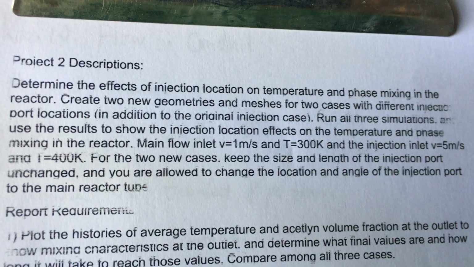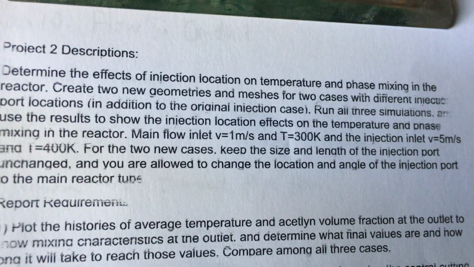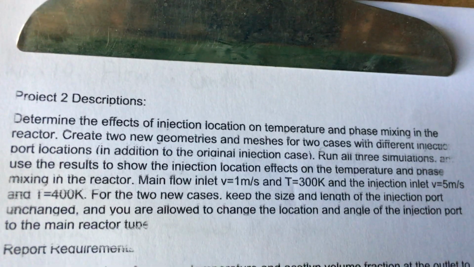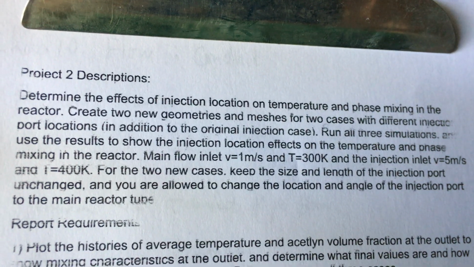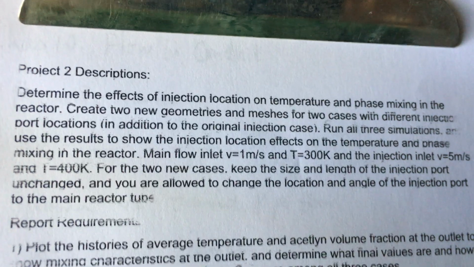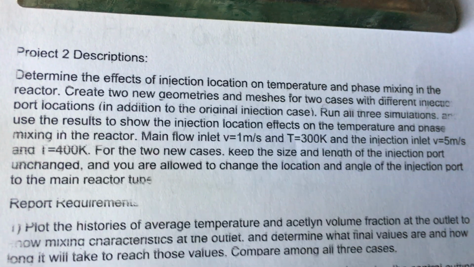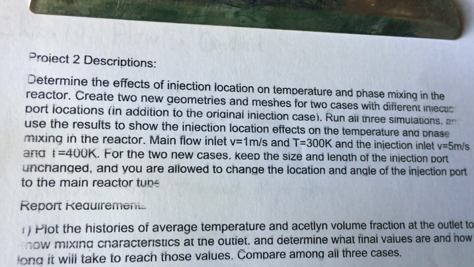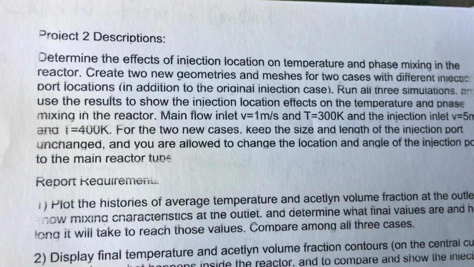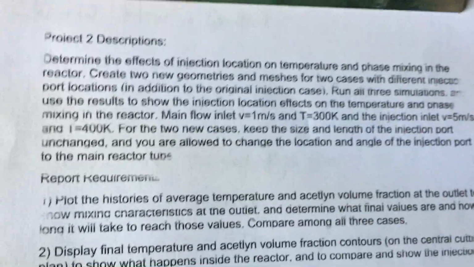The temperature of the injected flow is 400 K, and the speed is 5 meters per second. So the acetylene injection is faster and hotter. That's the story. These two fluids will mix in the reactor, and your fluid simulation will tell how well they're mixed.